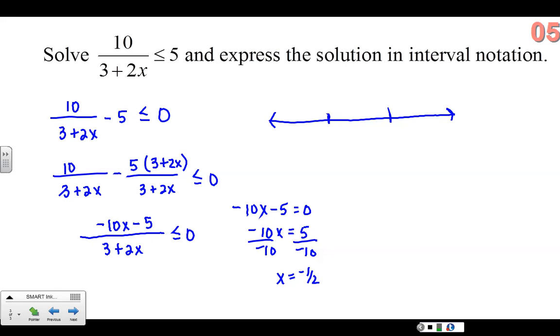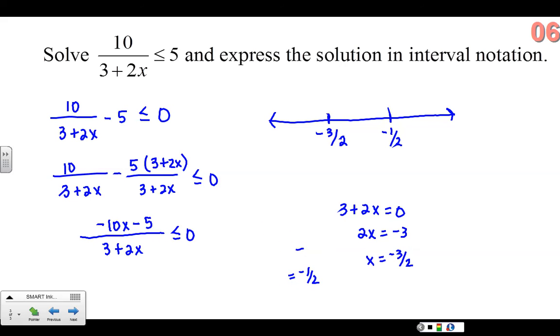The other one, the 3 plus 2x, if we solve that, subtract the 3, divide by 2, negative 3/2. So negative 3/2 is farther down to the left than negative 1/2. Okay? So those are our critical numbers on our number line.